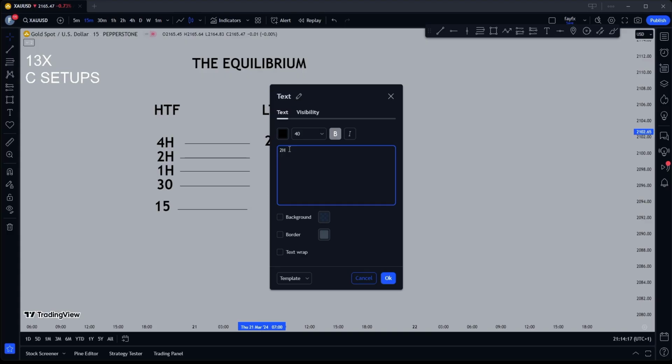The equilibrium of any given level at 2 hours time frame, we will find it at 1 hour time frame. The equilibrium of 1 hour time frame is 30 minutes time frame. The equilibrium of 30 minutes time frame, we will find it at 10 minutes time frame.